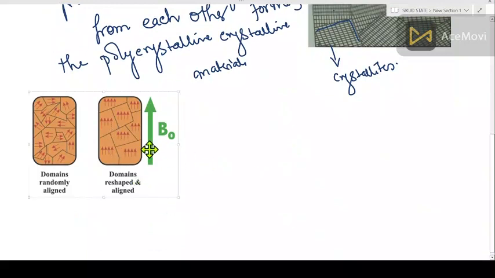You can see in these images the domains when they are randomly oriented. These are the boundaries, as I described the grains in this case, and inside them there are dipoles, and when there is a magnetic field, they align themselves.